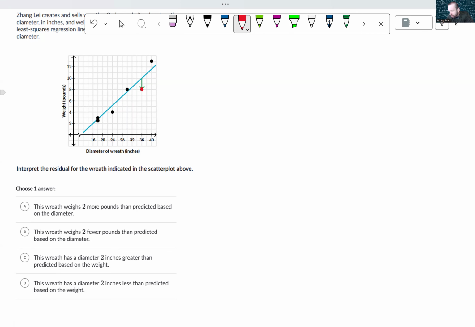But the predicted value would be that if the wreath was 36 inches, the weight would be 10 pounds. So just from looking at this without any of the answer choices, I would say that the actual value is 2 pounds less than the predicted value.